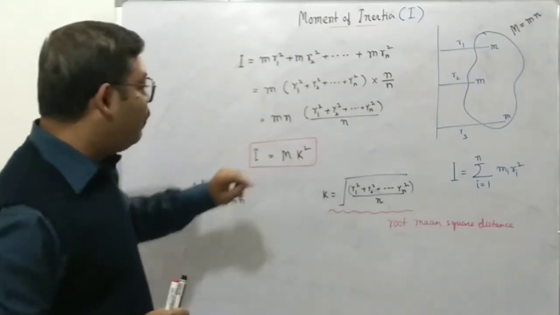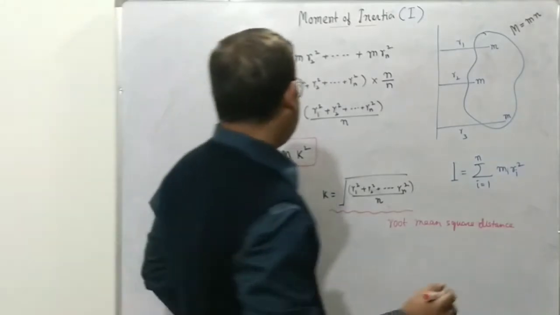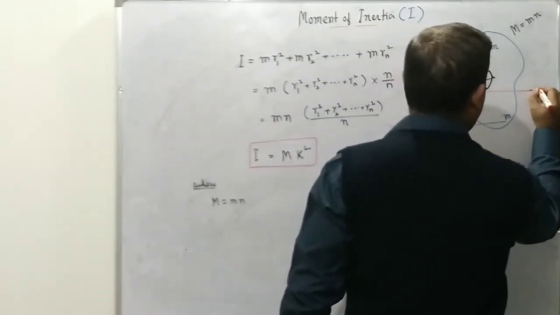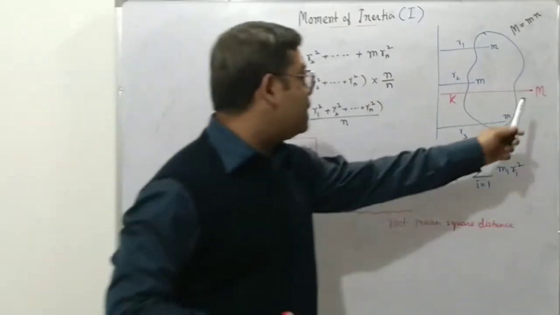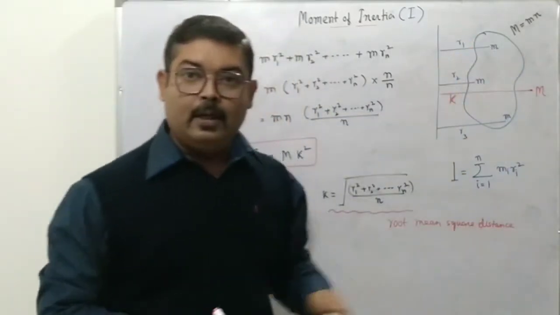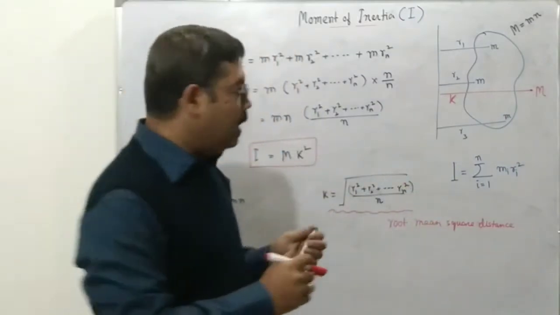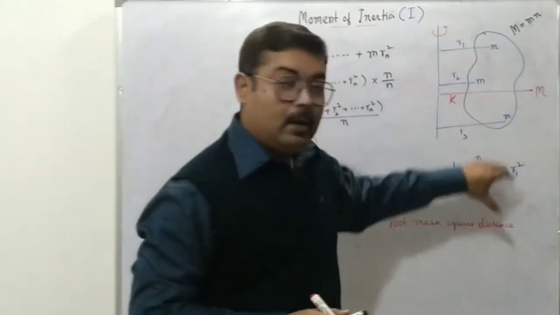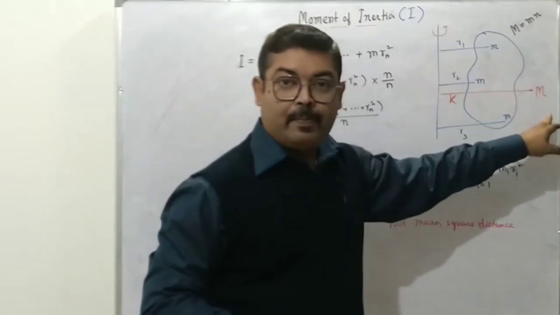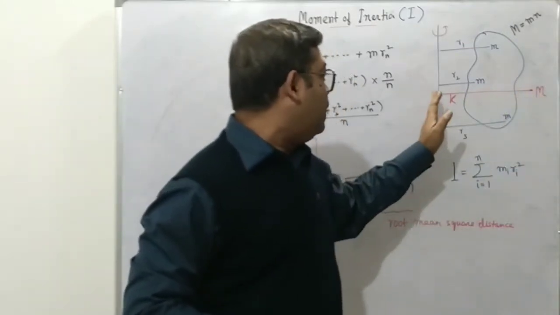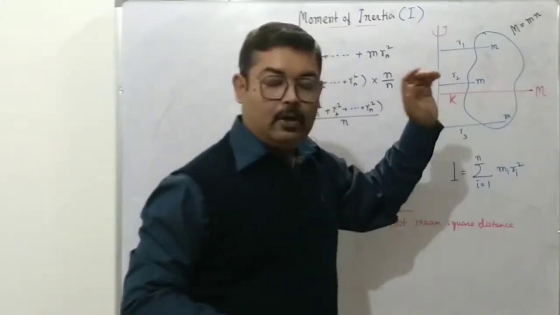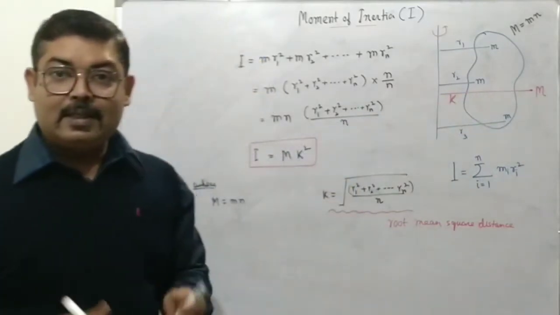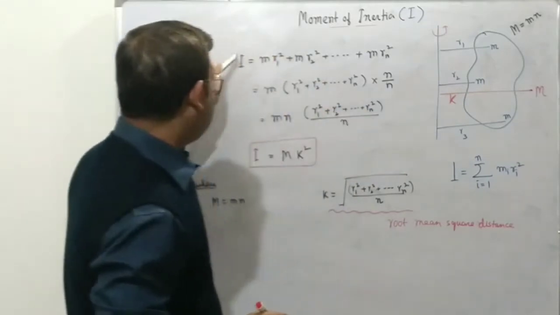So this expression means that if we have a particle of mass M situated at a distance of k, this distance is k and this is M, where M is equal to the mass of the entire rigid body rotating about the same axis of rotation, then this point mass will have the same moment of inertia about the given axis as the entire rigid body.